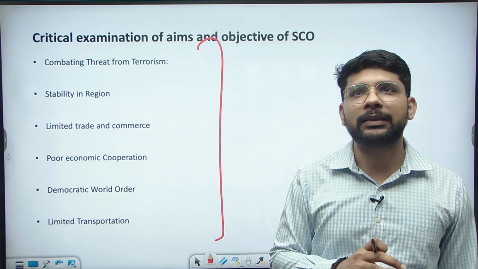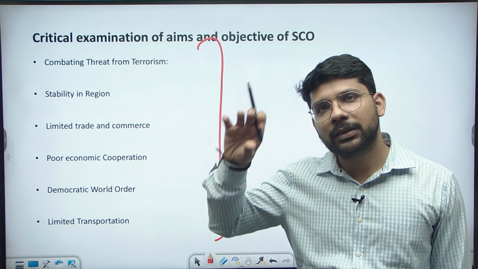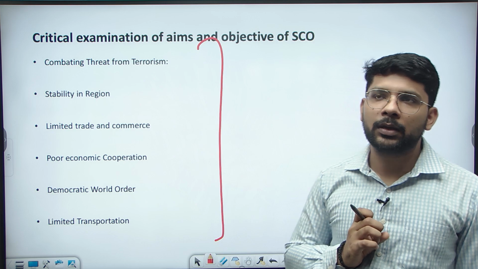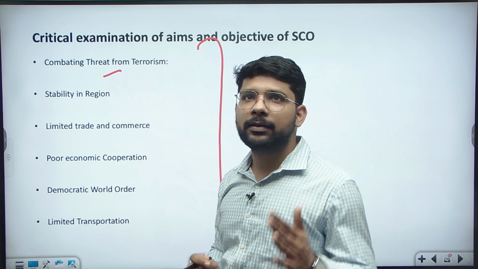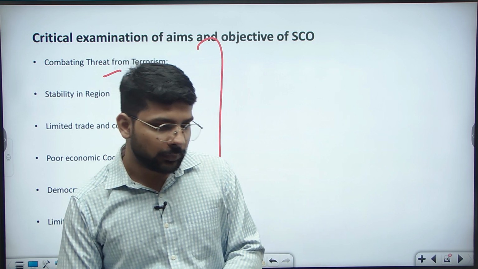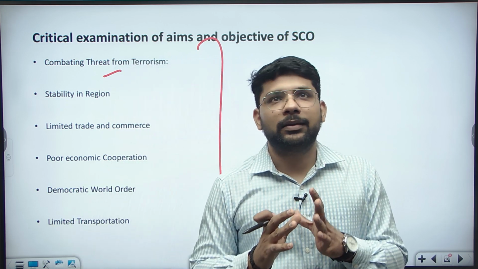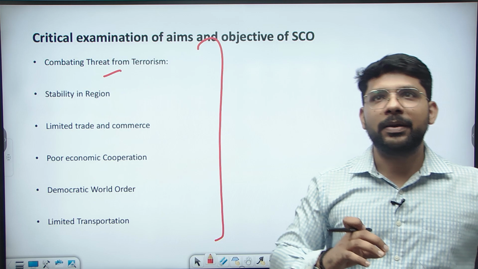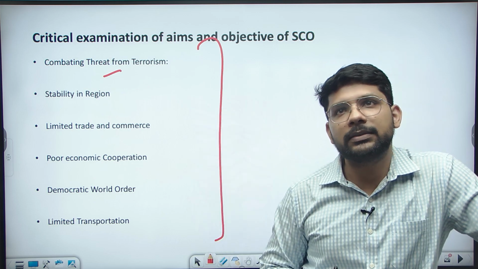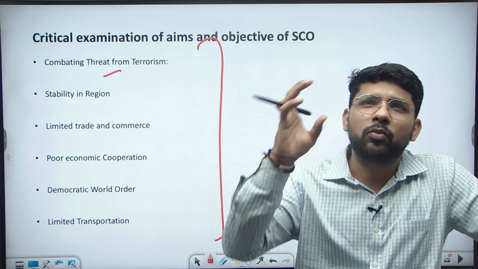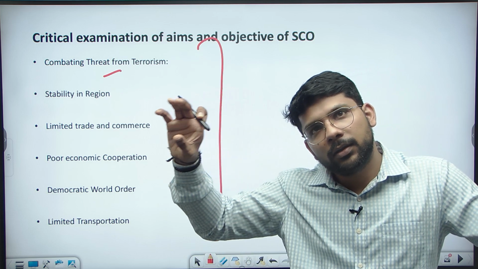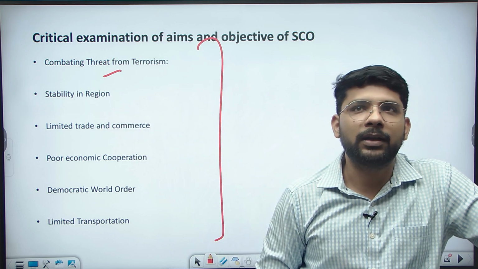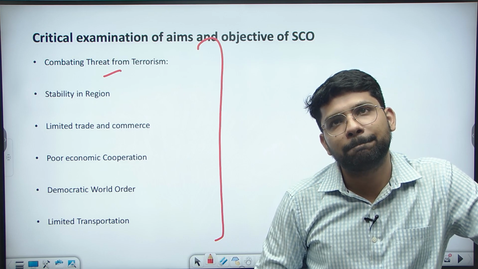They are focusing on terrorism on the one side, but on the other side there is a different picture. So let's come to the first point. They are combating the threat from terrorism. We can say the SCO members are combating the threat of terrorism on the one side, but on the other side, Pakistan and China are recognizing the Taliban government in Afghanistan.